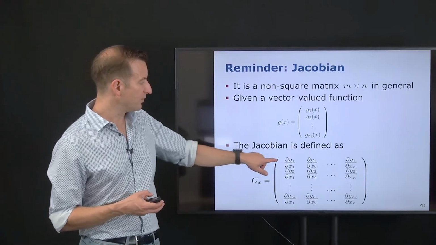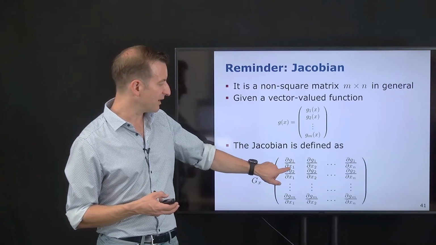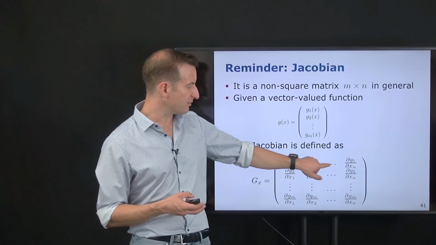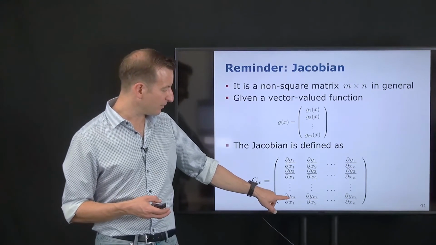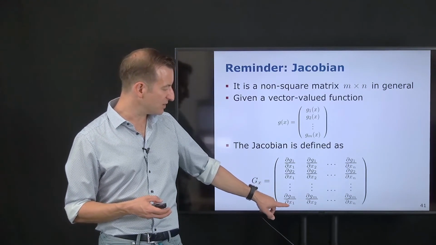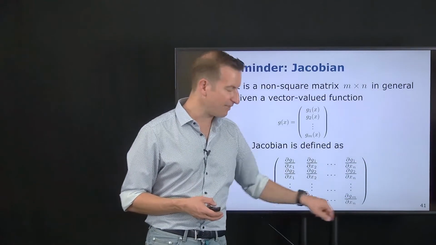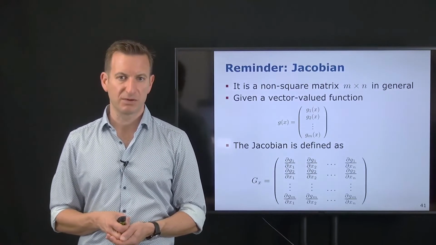This would be the partial derivative of the first dimension of the function with respect to the first variable, the first dimension of the function with respect to the second variable, and so on. And in the individual rows we have the m-th dimension of my function g derived with respect to the first dimension of the parameter until the n-th dimension of the parameter. It's basically a matrix filled with these partial derivatives.